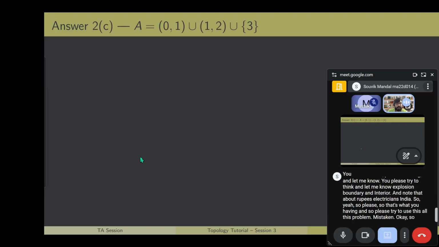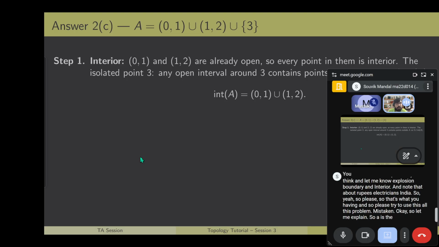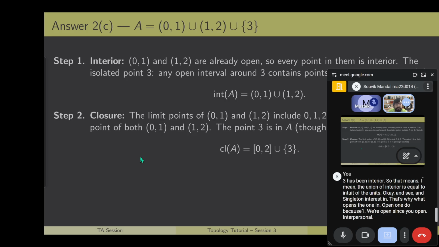Okay, so let me explain. A is the set open (0, 1), open (1, 2), and the singleton 3. Its interior: of course, the singleton 3 has no interior, so the interior of the union is the union of the interiors, and the singleton's interior is empty. Since (0, 1) and (1, 2) are open, the interior is (0, 1) union (1, 2). The closure: the closure of (0, 1) is [0, 1], the closure of (1, 2) is [1, 2], and the singleton 3 is itself closed. So the closure of A is [0, 2] union singleton 3.